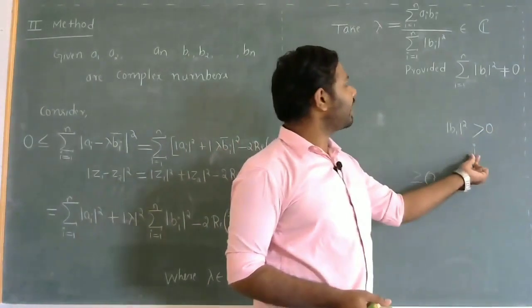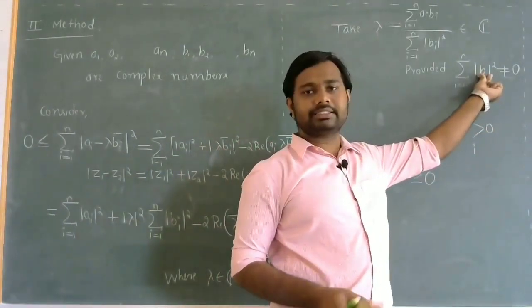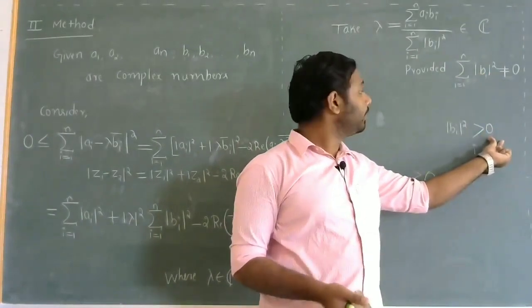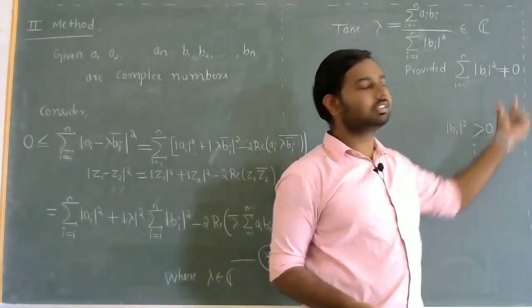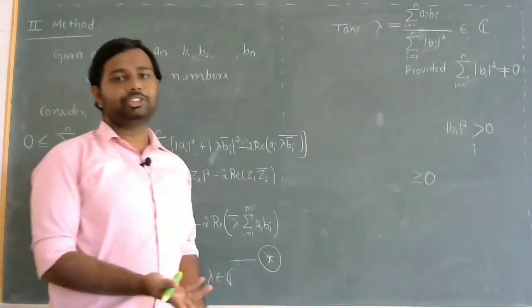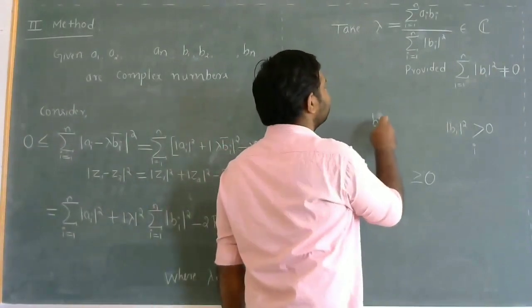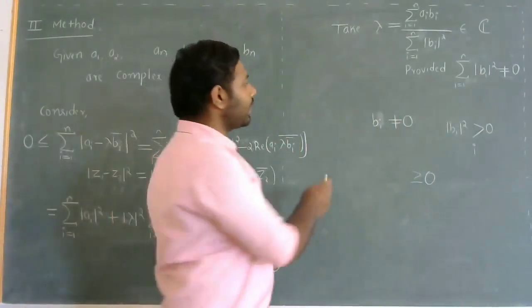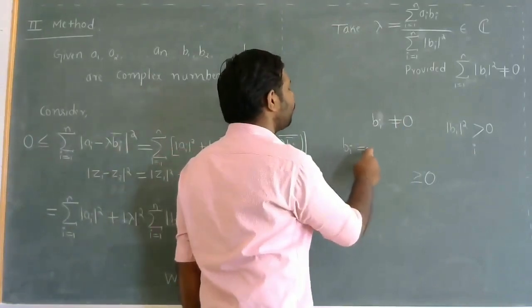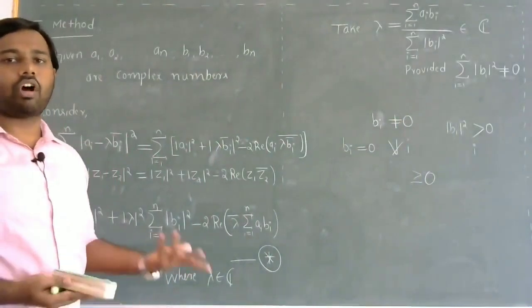So in that case this will be non-zero, and I may assume that at least for one i, bi is non-zero. What happens if bi is 0 for all i?